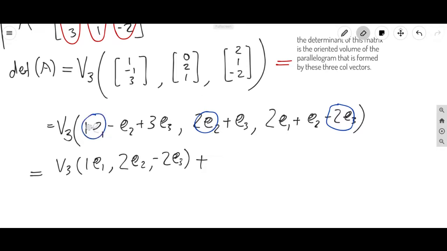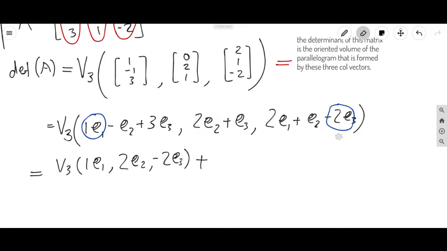Now the other way you can do it is you can pick the first term over here. If you pick the first term here and you pick the second term here, there's no need for you to pick the first term. That's just going to give you 0 because you have a repetition. You're not going to pick E2 either because that's going to give you a repetition. You already have an E2 over here. So to avoid a repetition, you have to pick the third one. So if you pick E1, E2, then you're forced to take E3.